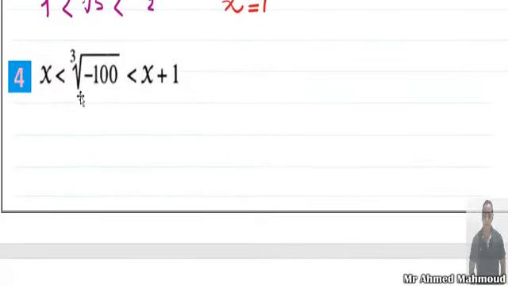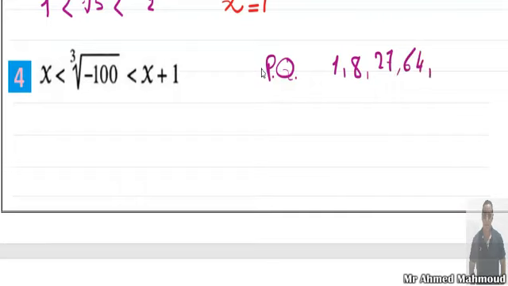We have here cubic root of negative 100. I'm going to search in the perfect cubes: 1, 8, 27, 64, 125. Don't forget, this is 1 power 3, 2 power 3, 3 power 3, 4 power 3, and 5 power 3.